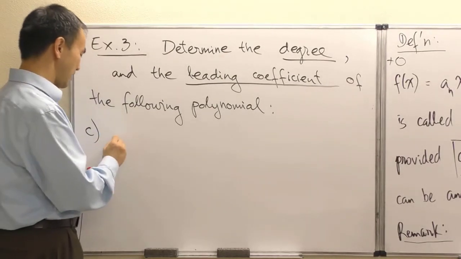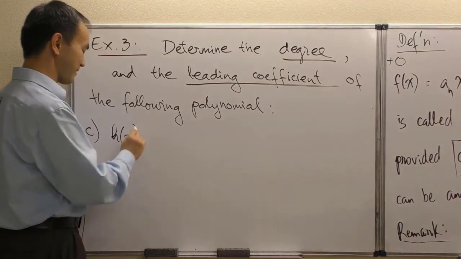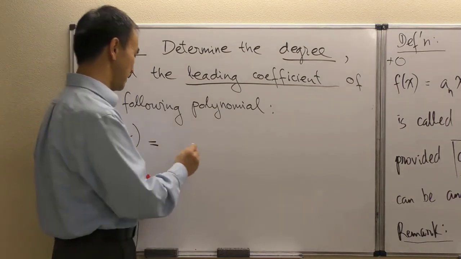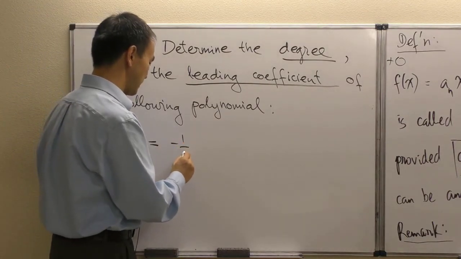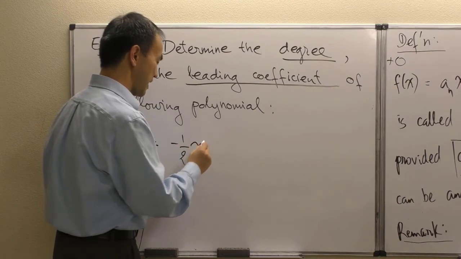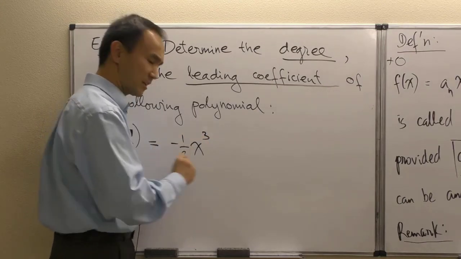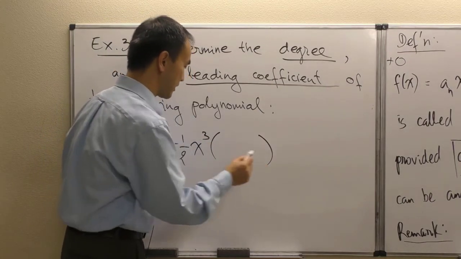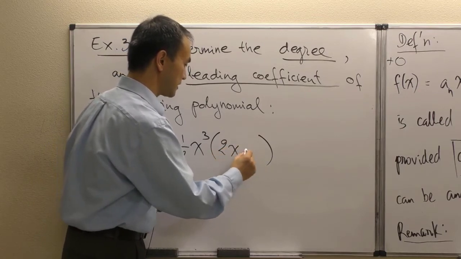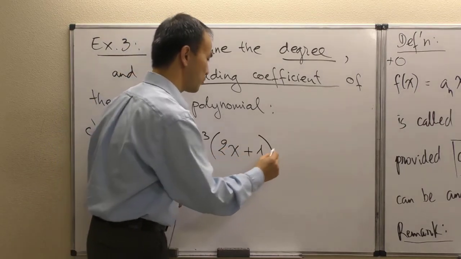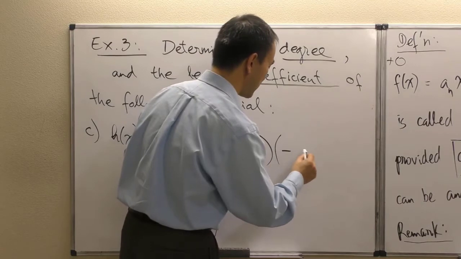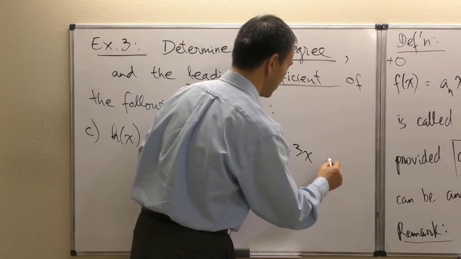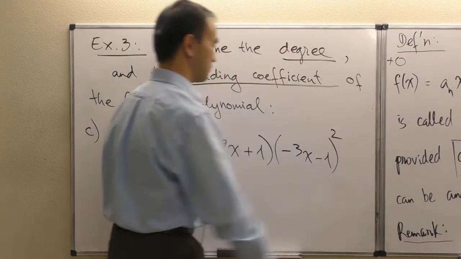How about h of x is going to be negative 1/2 x cubed times in factor form 2x plus 1 times minus 3x minus 1 squared.